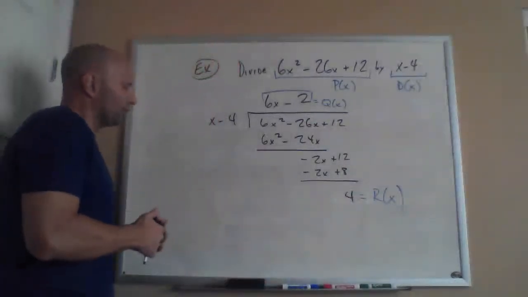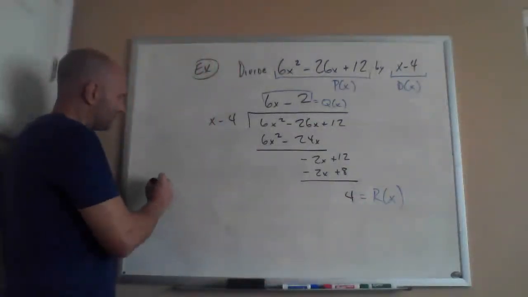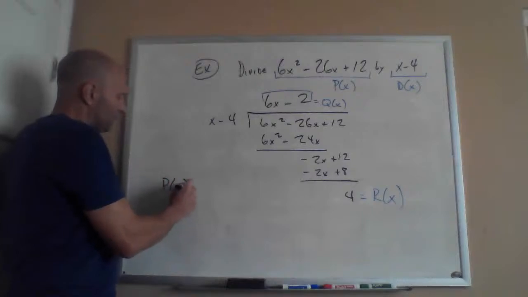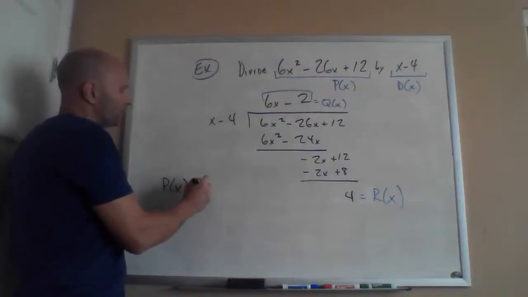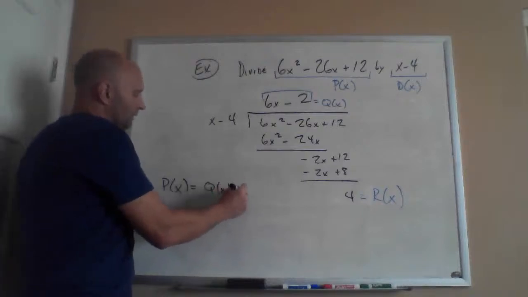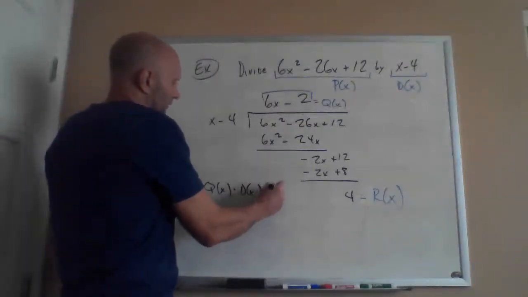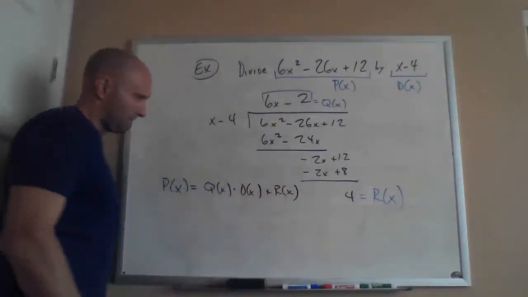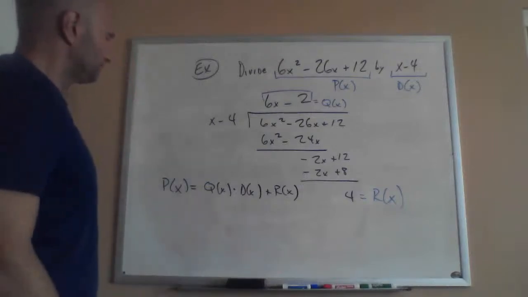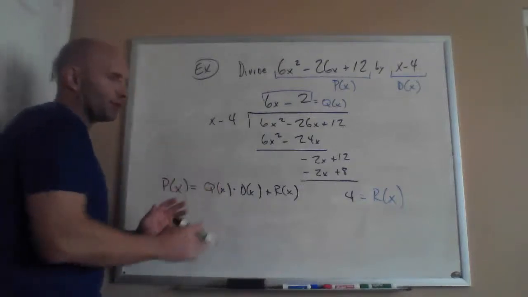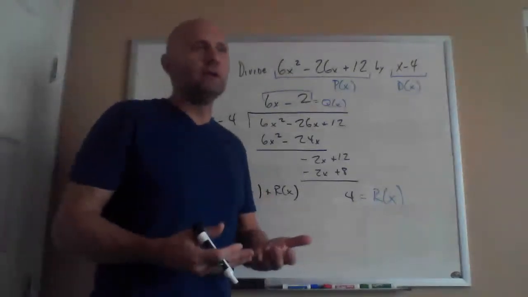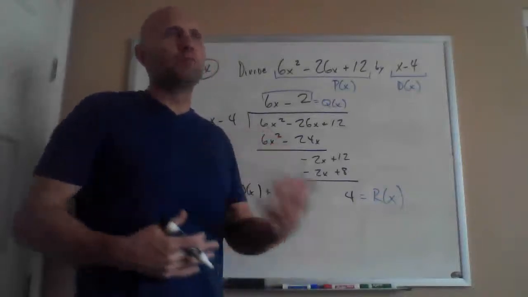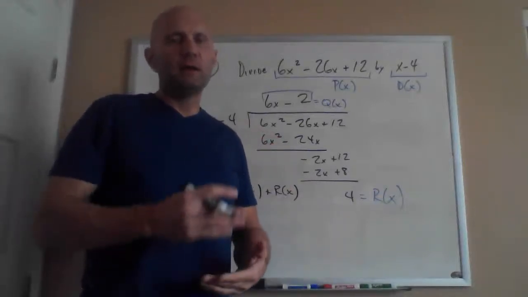So if the question said something like express your answer as P of X equals Q of X times D of X plus R of X, some of you did understand it, but you weren't putting the answer in the correct format.